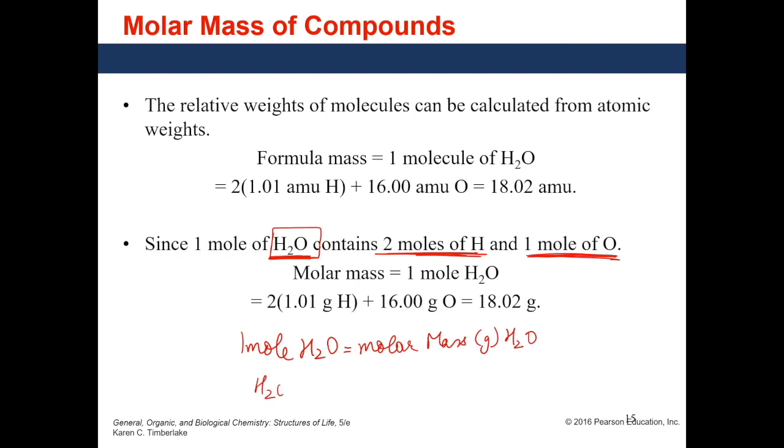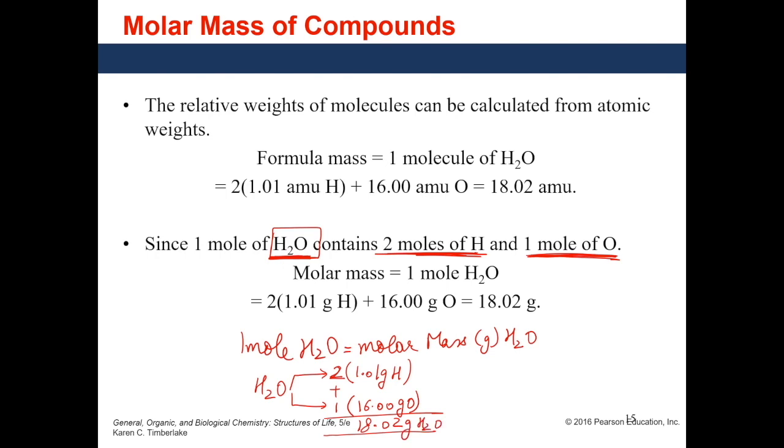Each water consists of 2 atoms of hydrogen, and each atom from the periodic table weighs 1.01 grams. So 2 atoms will weigh twice that, 2 times 1.01, plus we have 1 atom of oxygen, so 1 times 16.00 grams of oxygen. If you add it all together, that gives you 18.02 grams of H2O.